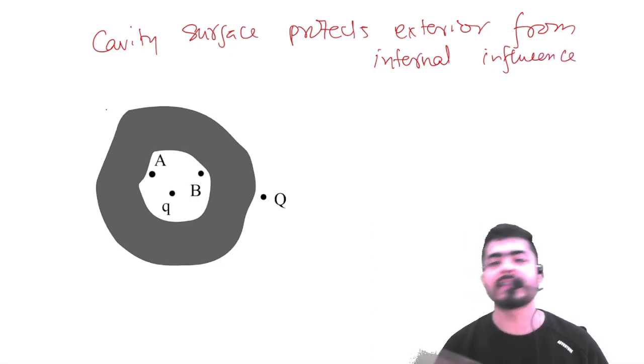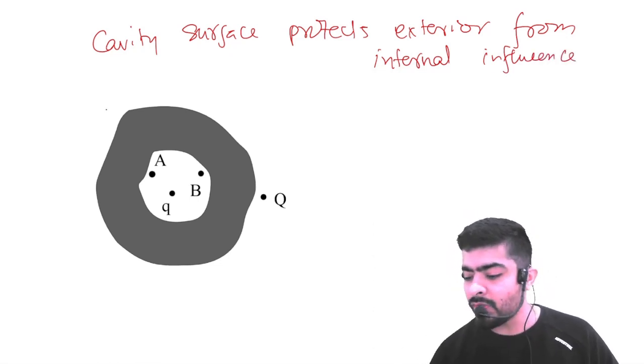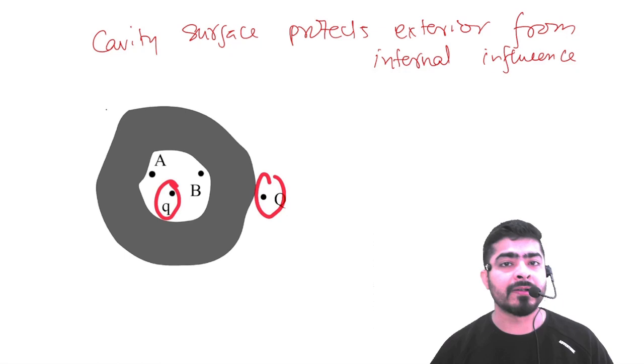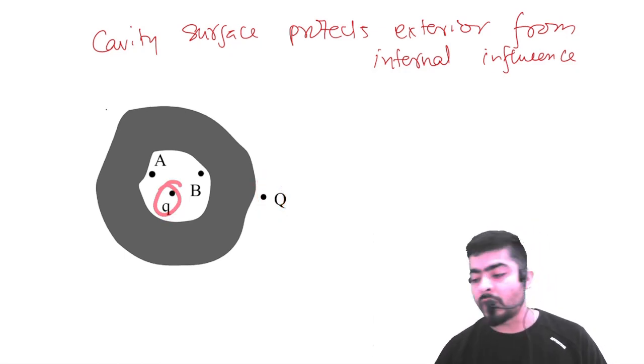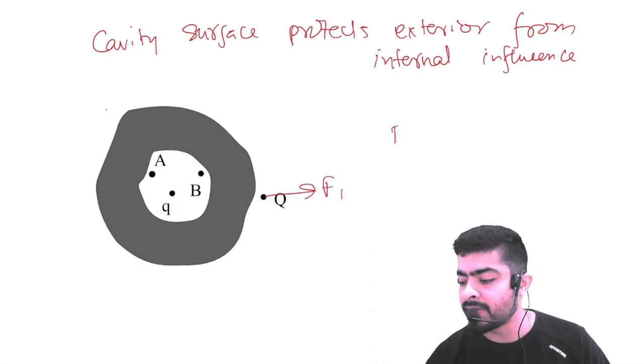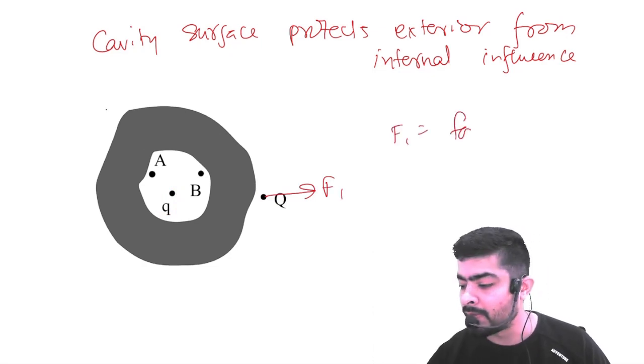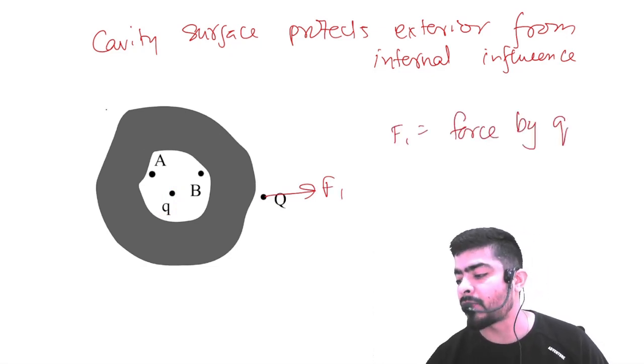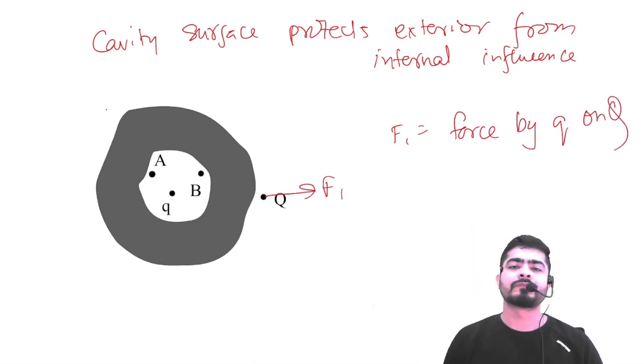What does exactly this mean? So this is your small q, this is capital Q. So small q will also apply some force on capital Q. So let me draw that. This is F1. So F1 is what? Force by small q on capital Q.